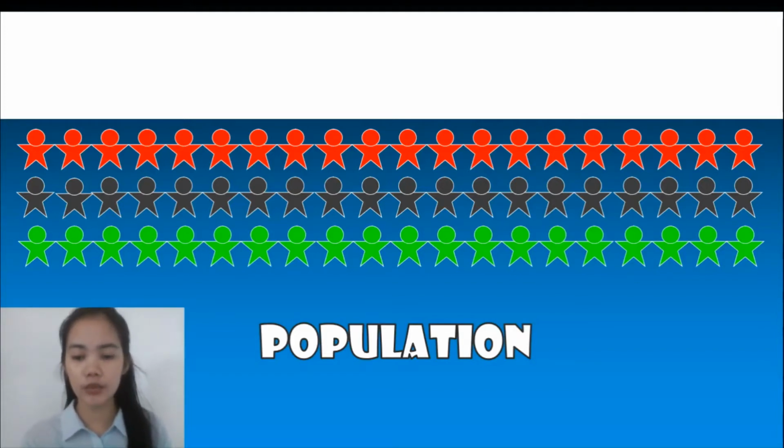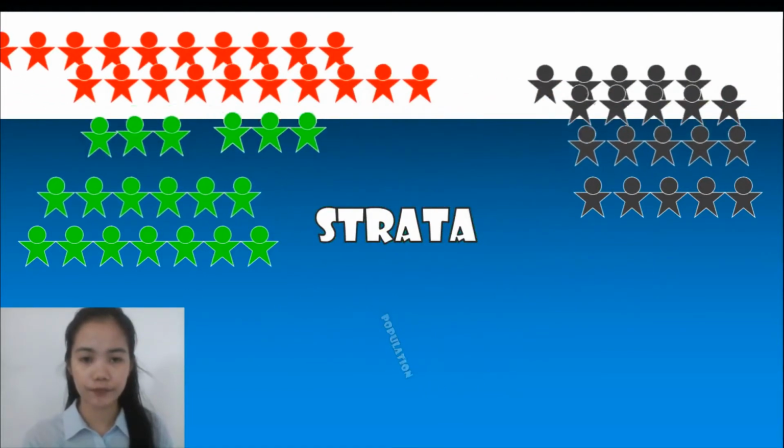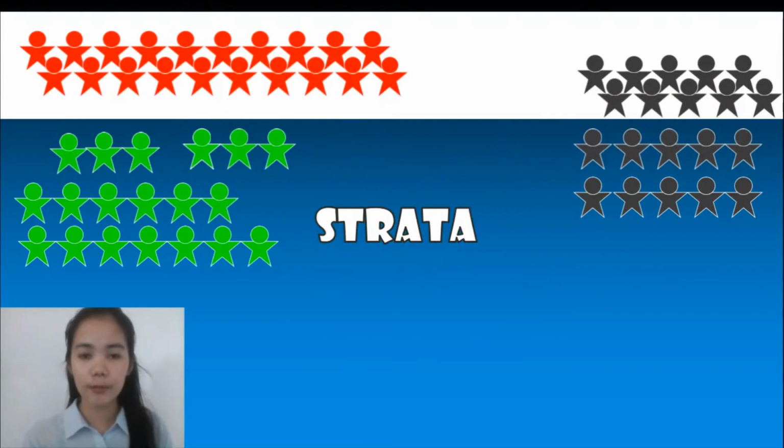Let's say here that we are going to divide this population according to their age. The red people will have an age from 15 to 19 years old. The green from 20 to 24 years old. And then the black ones would be from 25 to 29 years old.